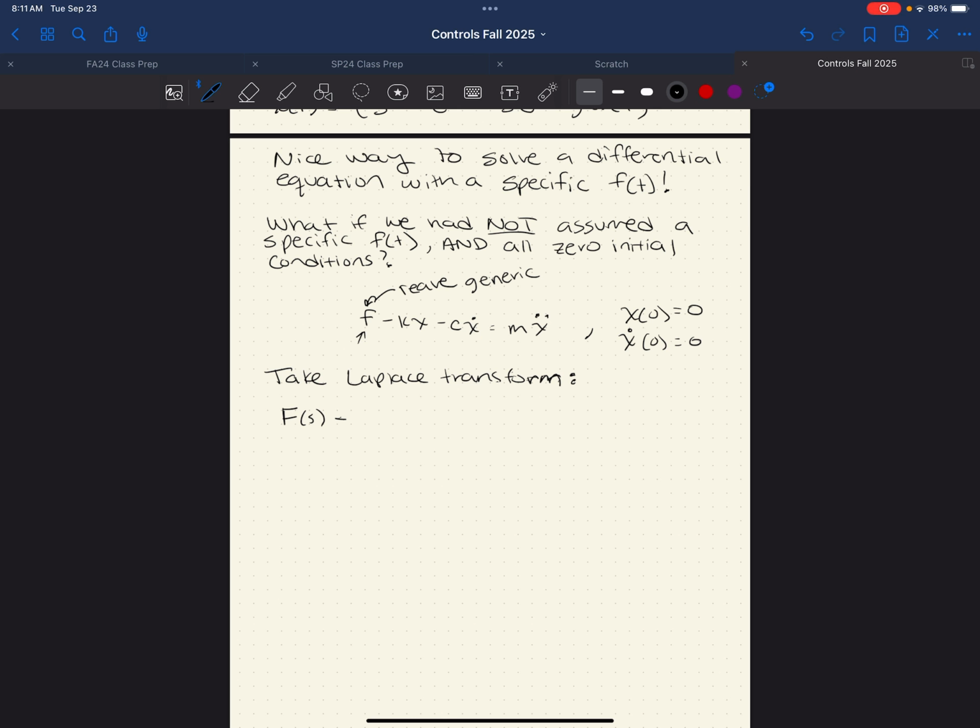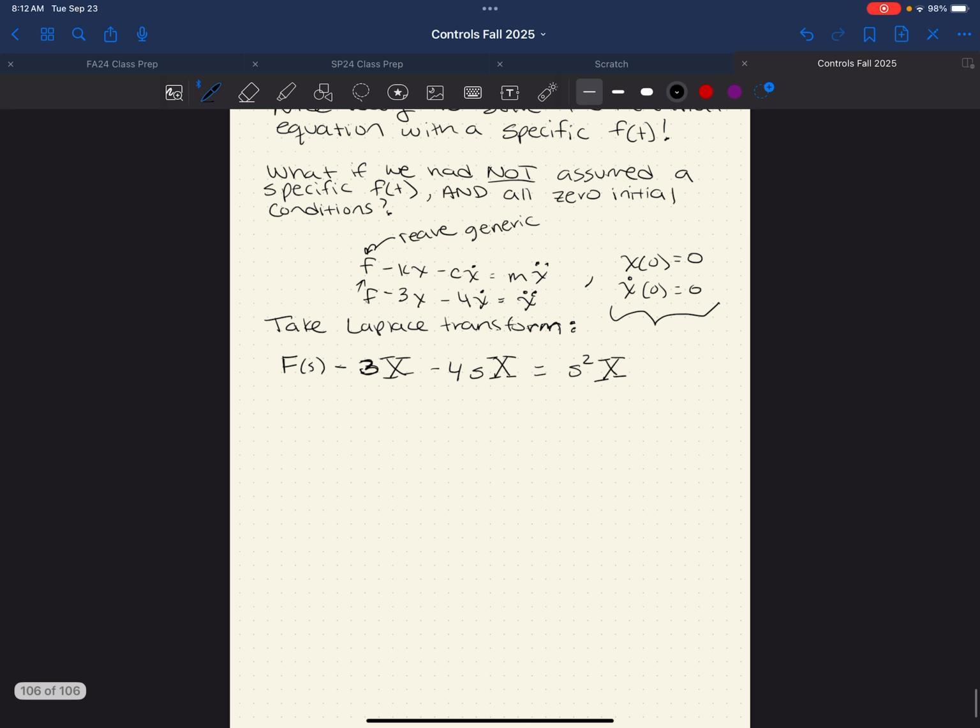So k we said was 3, c we said was 4, m was 1, so something like this. So I'd have minus 3 big X minus 4 s big X equals s squared big X. So keep in mind this time, we are assuming 0 initial conditions, okay? So I don't have any of those x of 0s and x dot of 0s.